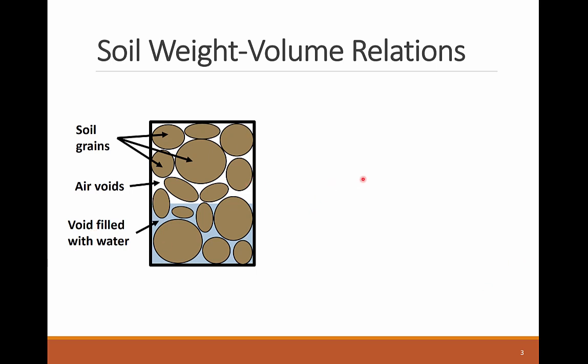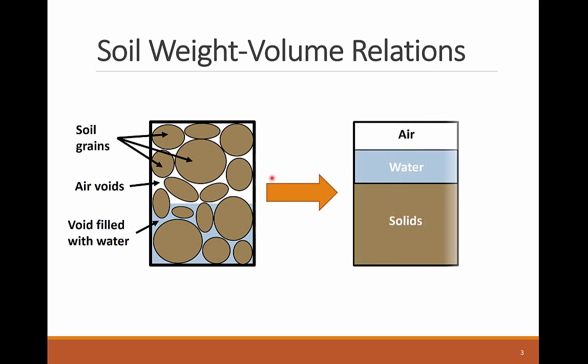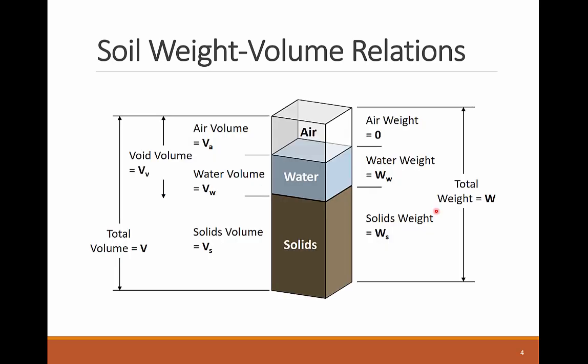For the sake of analyzing the soil sample and its weight-volume relationship, the soil sample can be simplified by clustering its three main ingredients. You can see in the right figure here how the solids, air, and water are lumped together in three volumes. Now let's add some notations here.